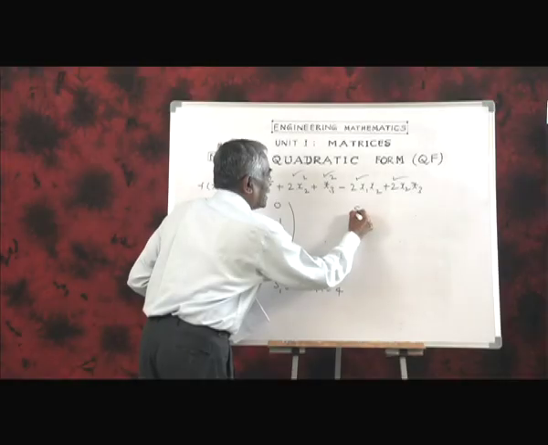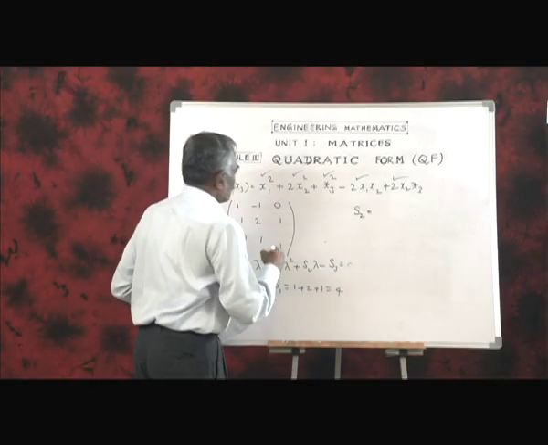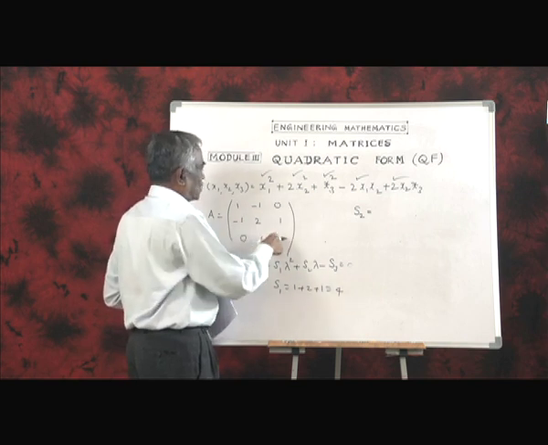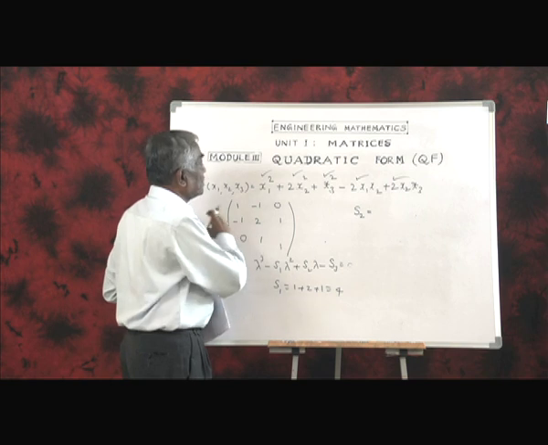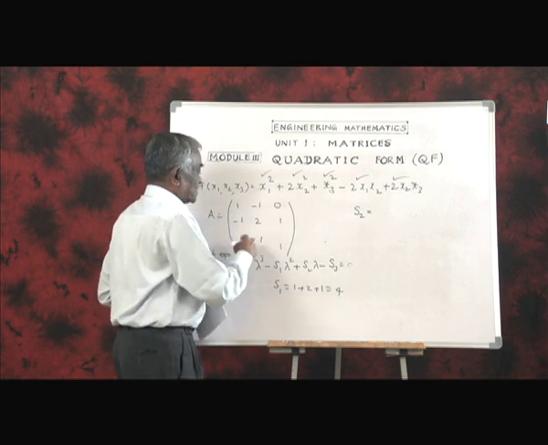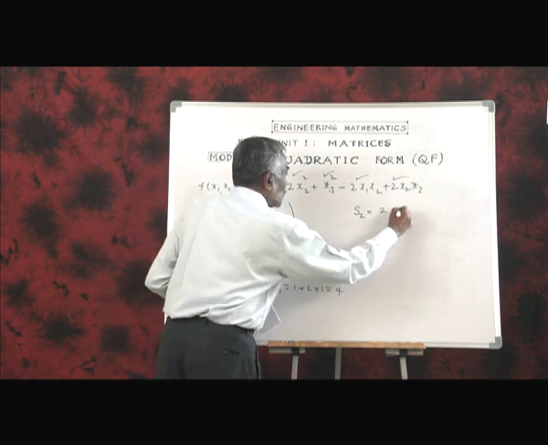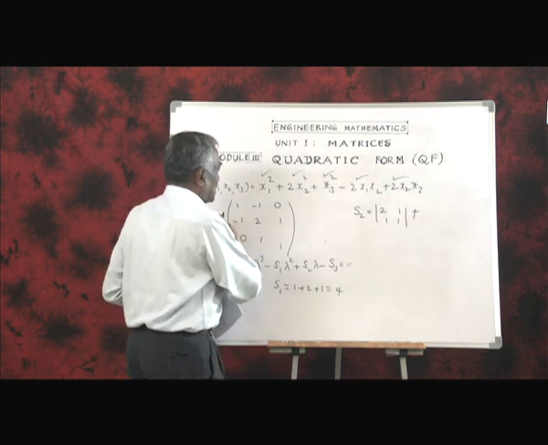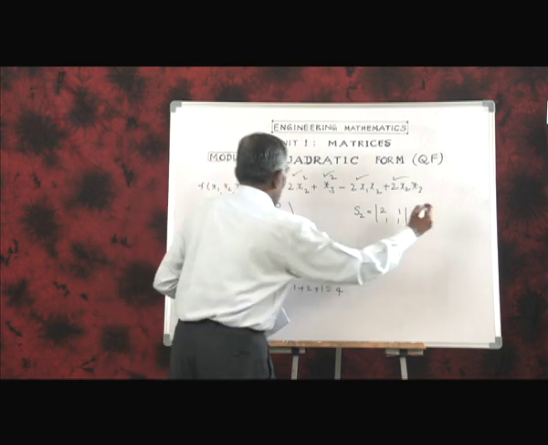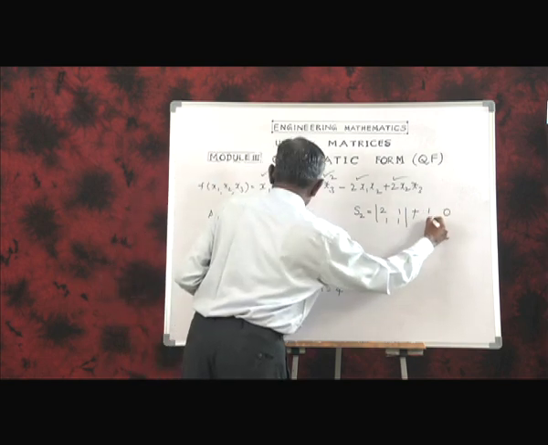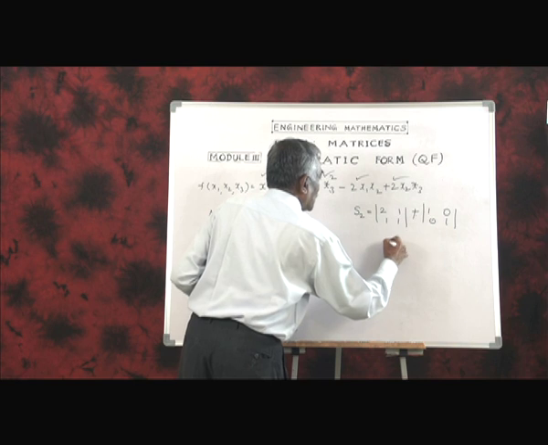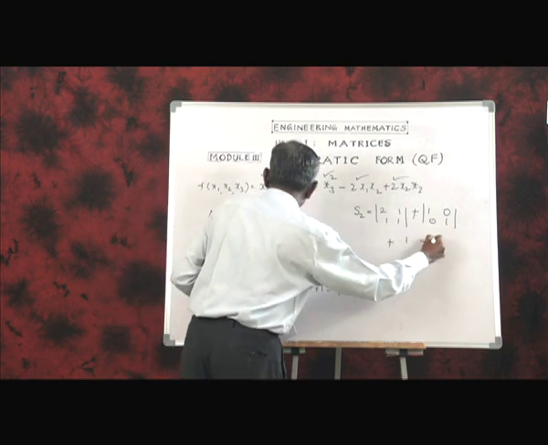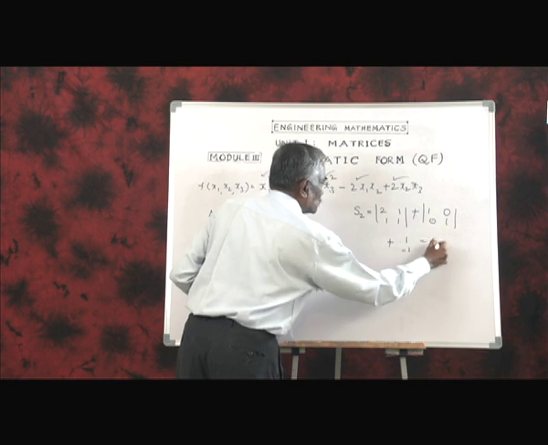Here, so now we find s2. Of course, s2 is the sum of the 2 cross 2 determinants obtained by deleting the third row, third column, second row, second column, first row, first column, in the usual manner. By deleting first row, first column: 2, 1, 1, 1, plus deleting second row, second column: 1, 0, 0, 1, plus deleting third row, third column: 1, minus 1, minus 1, 2.